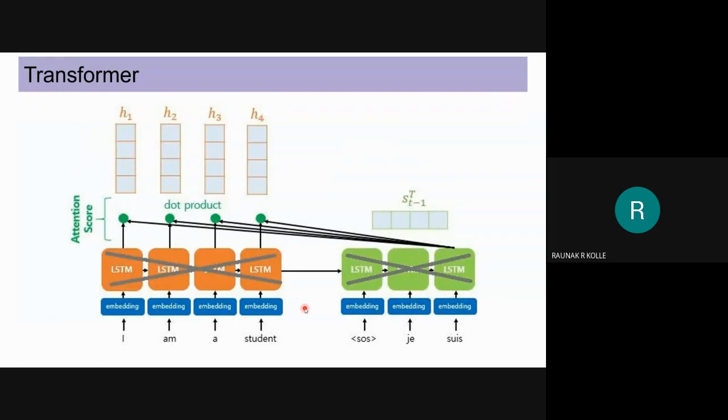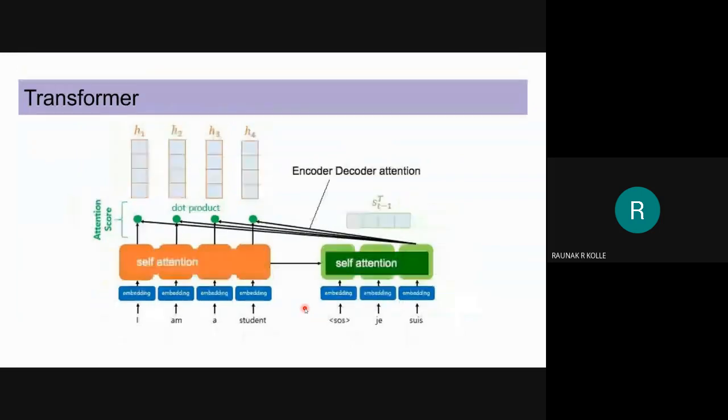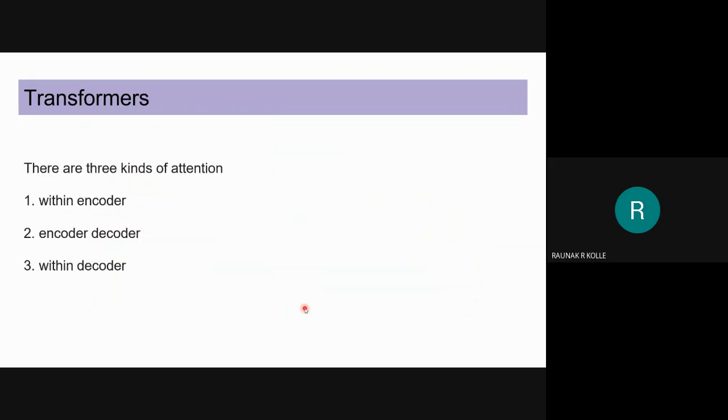Now, in transformers, the LSTM model can be avoided by applying attention to the sentence itself, that is self attention. There are three kinds of attention: within the encoder, encoder-decoder, and within the decoder.